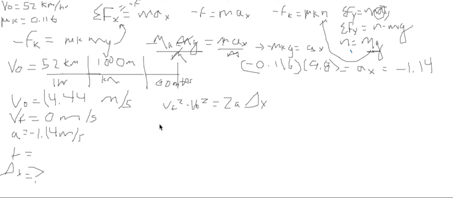And this is 0, so we get negative 14.44 squared, divided by 2, divided by our acceleration, which is negative 1.14.